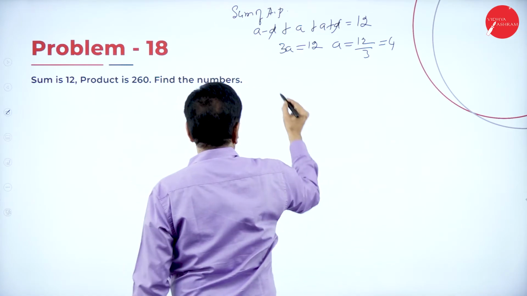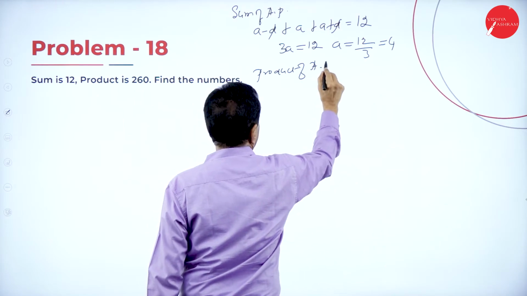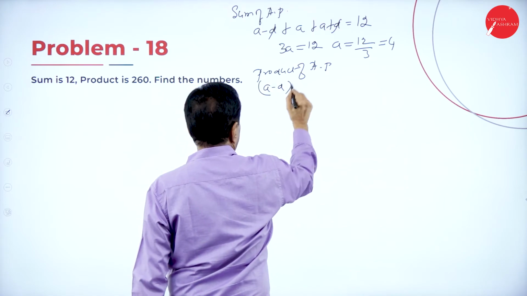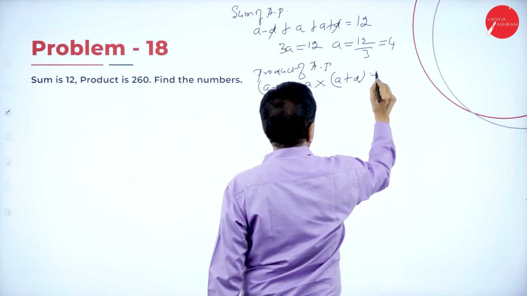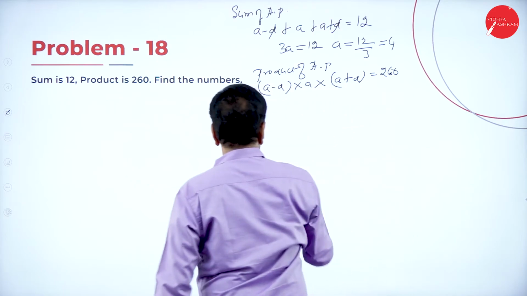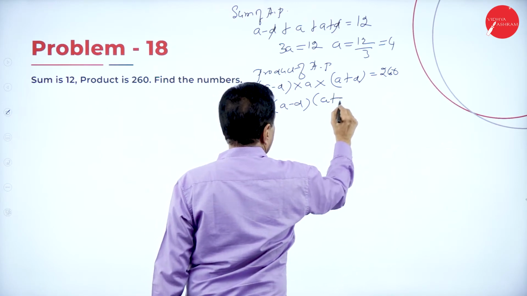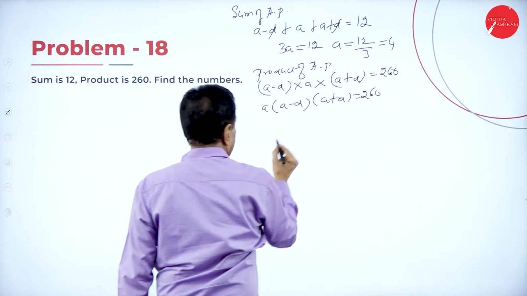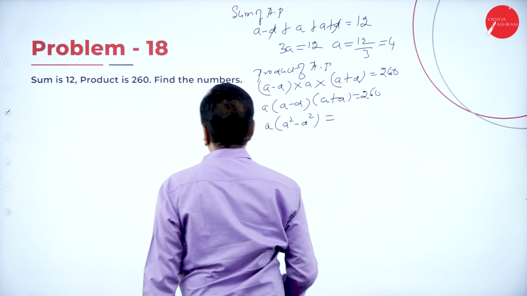Then product of AP: A minus D into A plus D is equal to 260. So this is A square minus D square is 260.